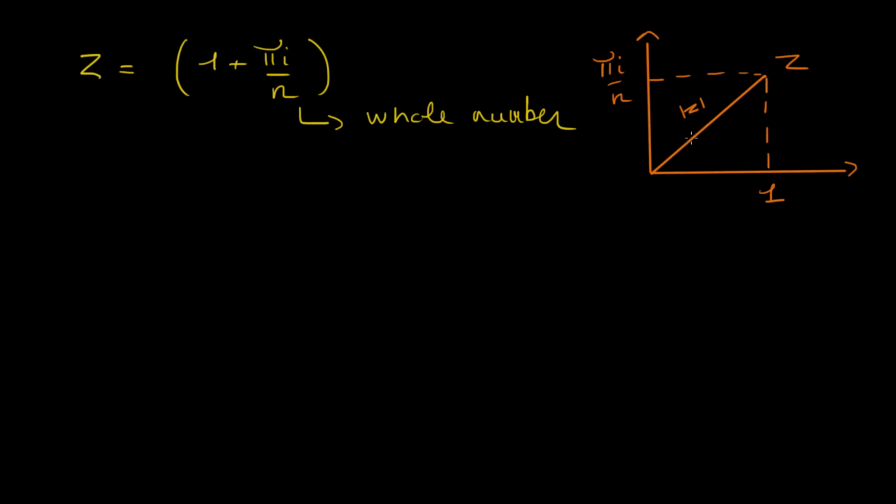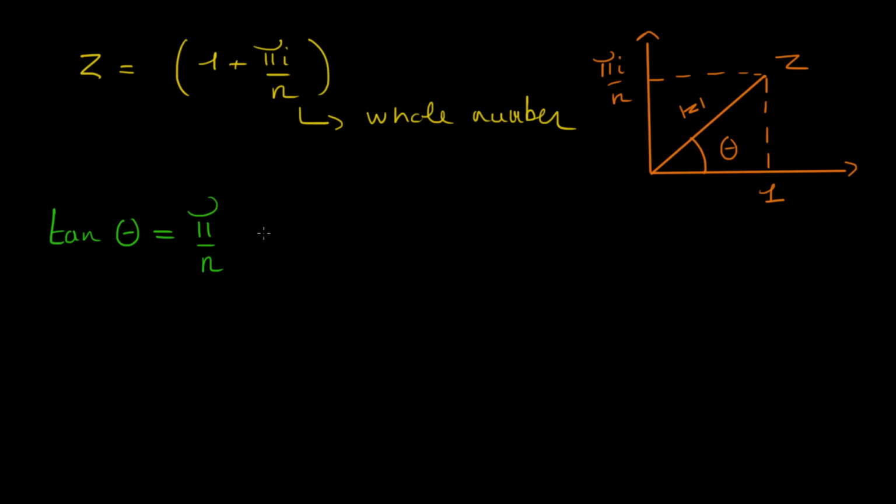And its argument will be this angle over here. We would call it theta. Let's focus on the modulus and the argument of z. Using a little bit of trigonometry, we can see that the tangent of theta is equal to pi over n, opposite over adjacent.